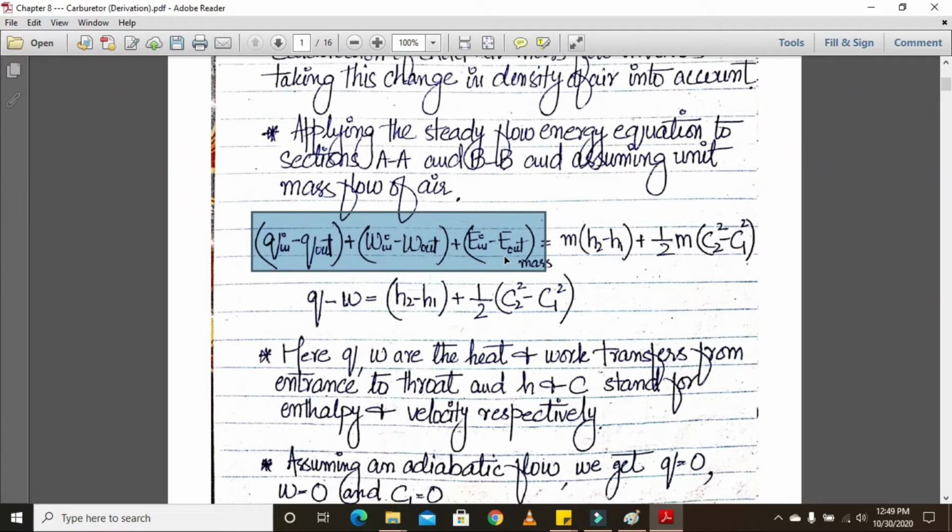On the right hand side we had mass which is being multiplied with the difference in the enthalpy.